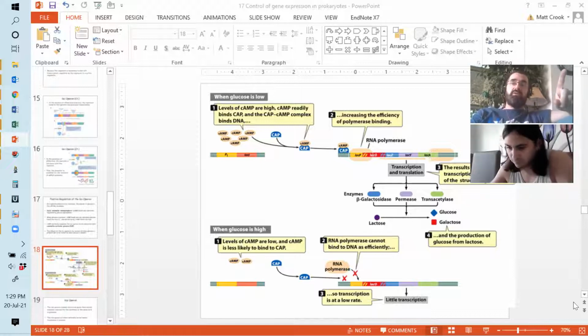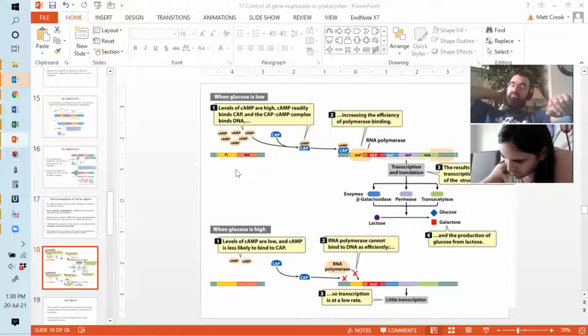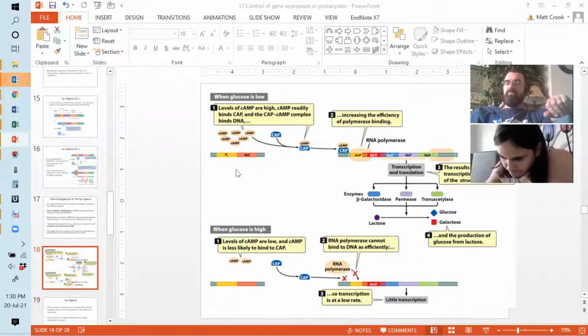So when you have lactose, lac-I doesn't bind. You can have transcription. When you don't have glucose, you'll have lots of cyclic AMP. And cyclic AMP, when it's bound to the catabolite activator protein, equals transcription. Lots of it. And this isn't an on-off deal either, right?